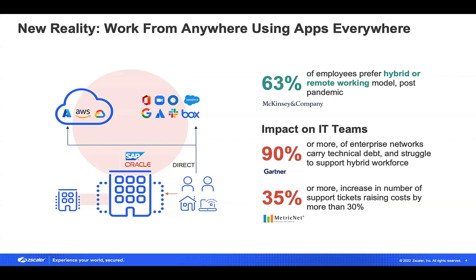And in the meantime, the workplace, as we know, has also changed. With the hybrid workplace gaining broad acceptance, employees rely on their home Wi-Fi networks and their local ISPs to access their SaaS applications directly, and of course the cloud and private applications that you are hosting.